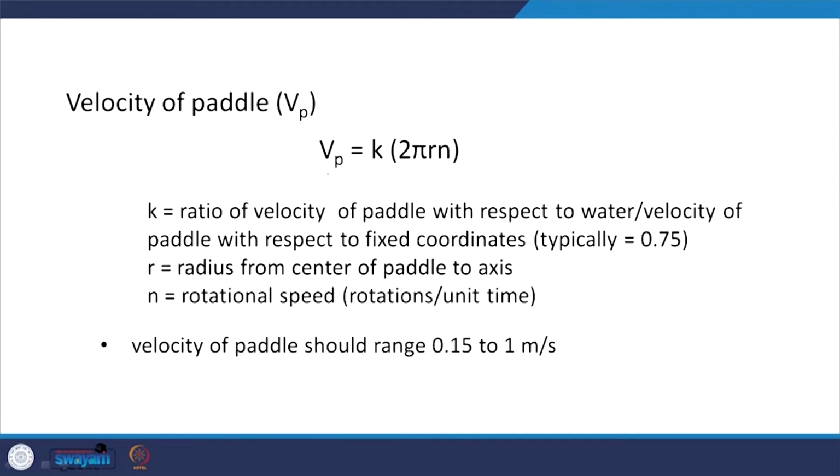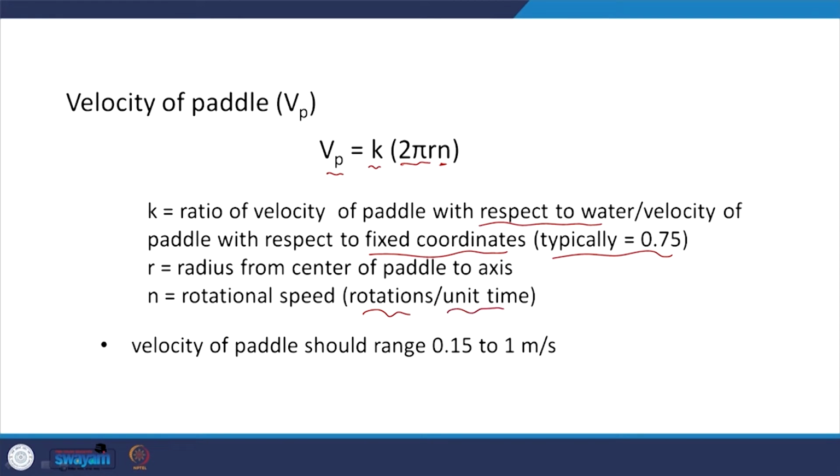So what does it depend upon? This is the ratio of velocity of paddle with respect to water to velocity of paddle with respect to fixed coordinates. So again, we are taking into consideration both the fixed coordinates and also the velocity of water. Typically k is 0.75, and 2 pi r is the perimeter, and n is rotational speed, as in rotations per time.